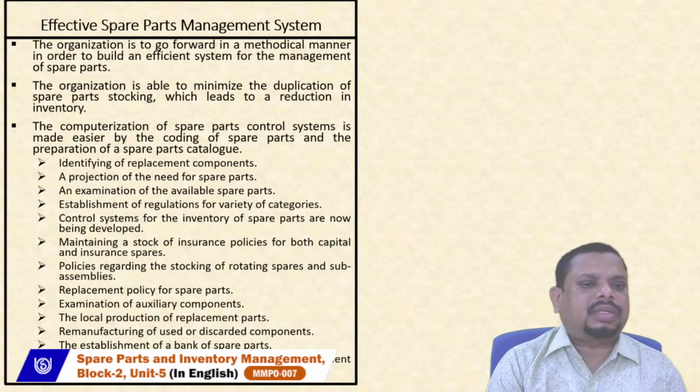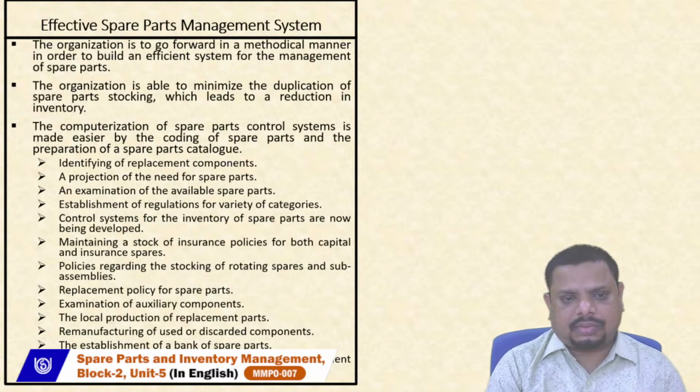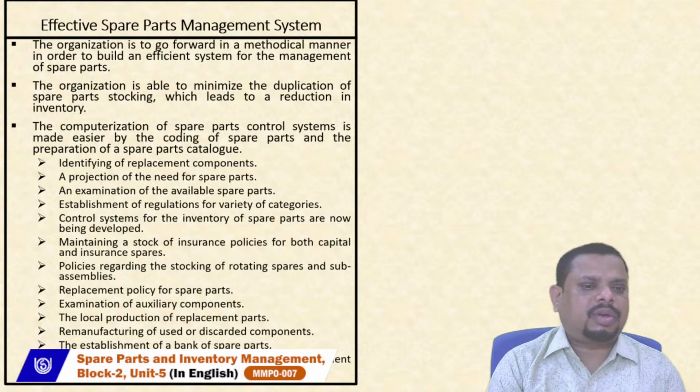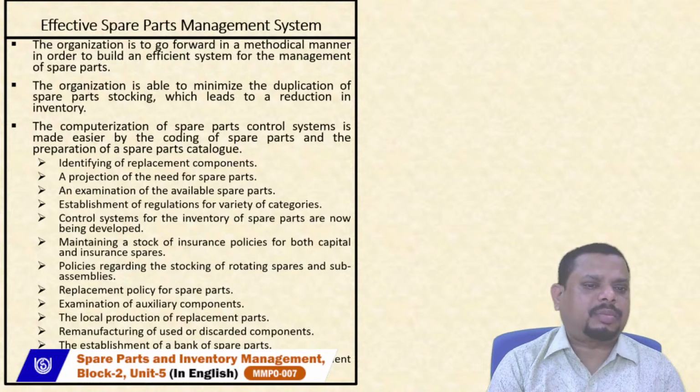The next is that the organization is able to minimize the duplication of spare parts stocks, which leads towards a reduction in inventories. For example, in small scale industries, they can easily identify this through physical verification. But in larger industries, which have a number of divisions, and under those divisions a number of systems, and a number of departments and sub departments, it is very difficult to minimize duplication, because each and every department maintains its own optimum level of spare parts.